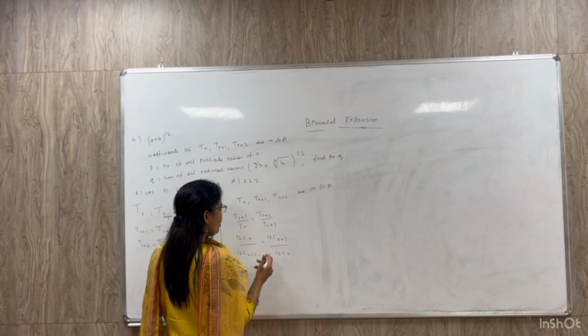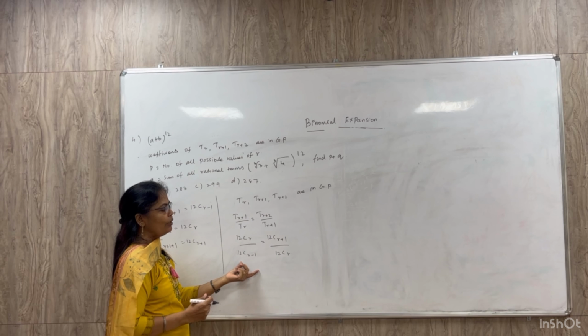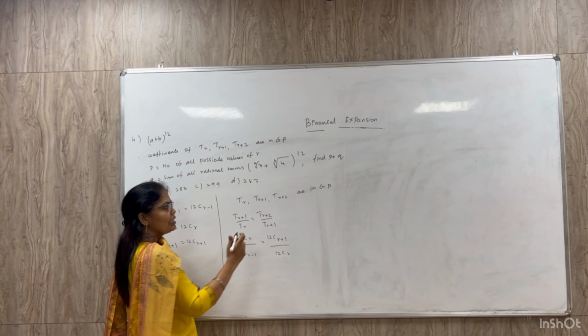You have to simplify this and get the value of r. How to simplify this big term? Using the combination formula: nCr is equal to n factorial by (n minus r) factorial into r factorial.